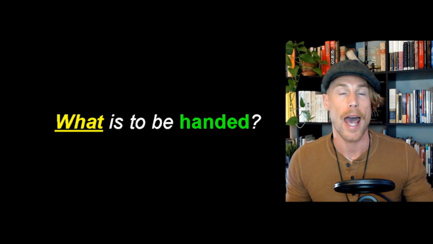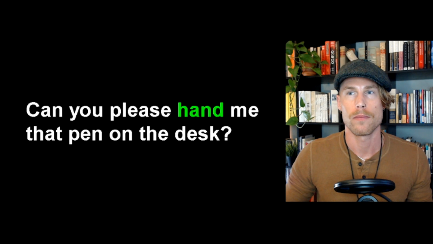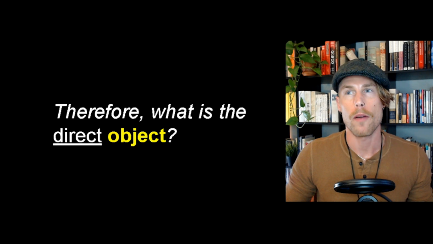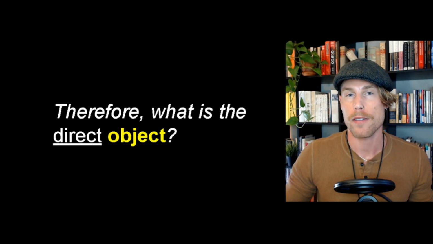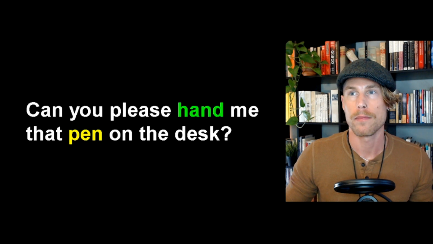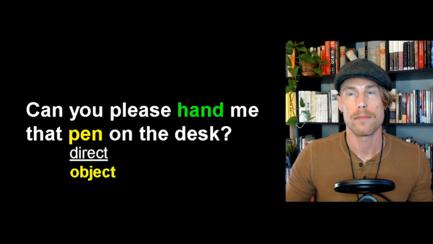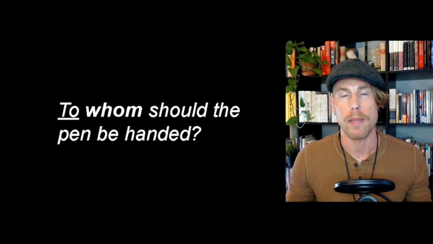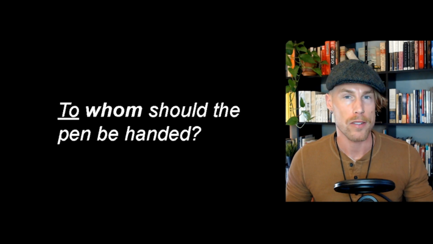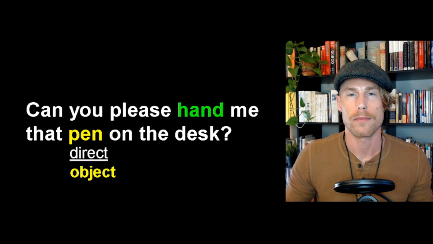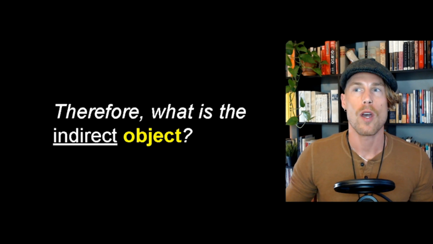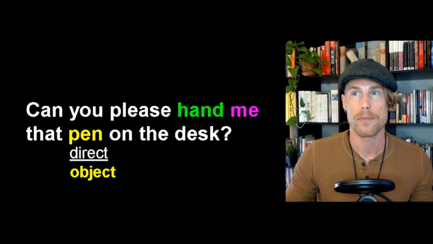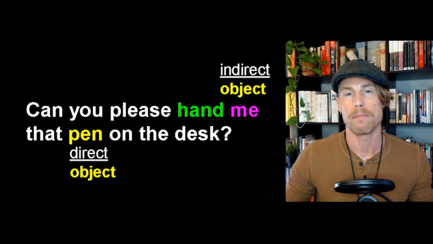What is to be handed? Pen. Therefore, what is the direct object of the verb? Pen. And to whom should the pen be handed? Passed. Me. Therefore, what is the indirect object? Me.